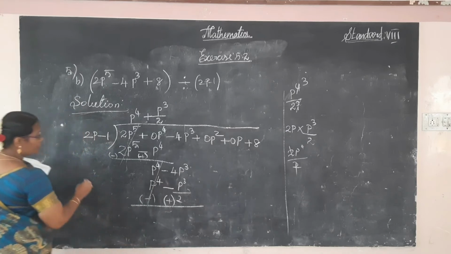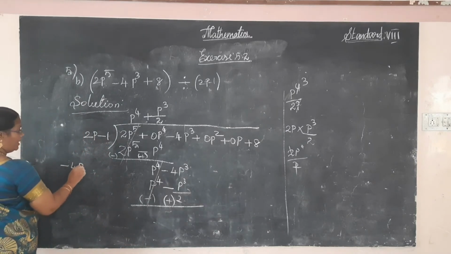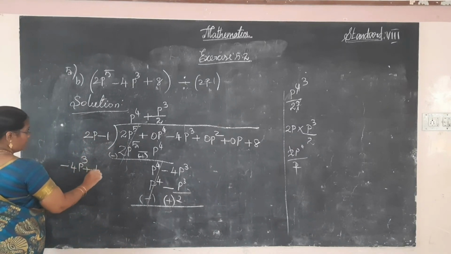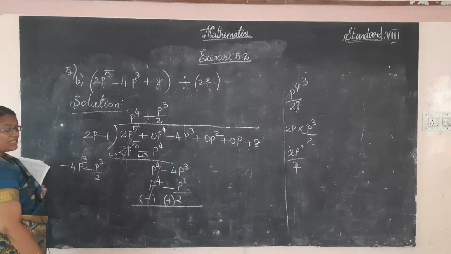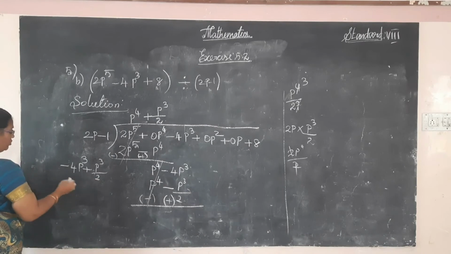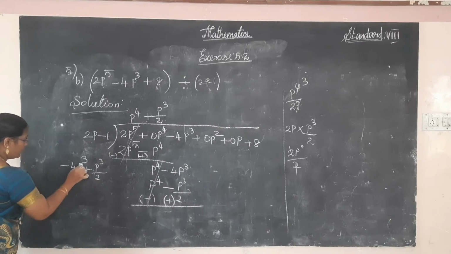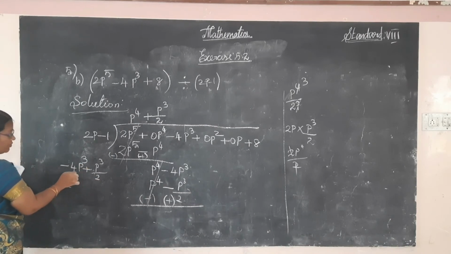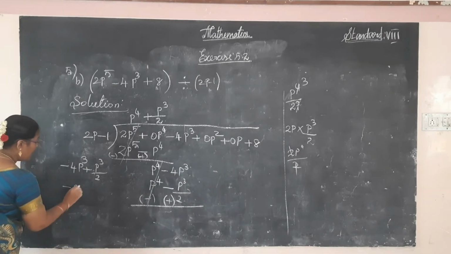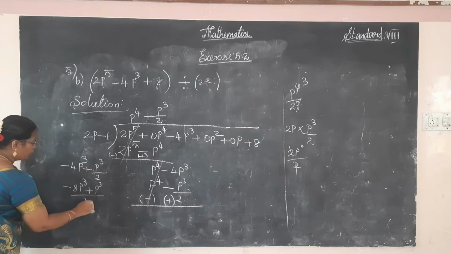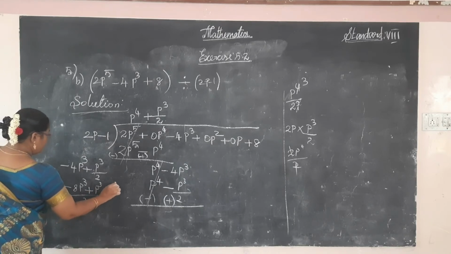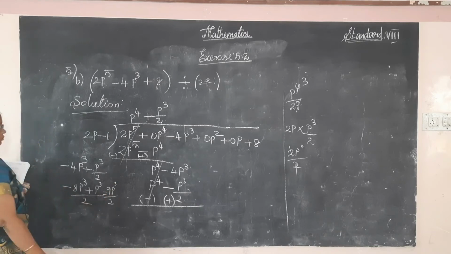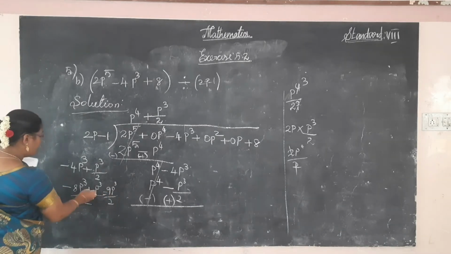Here minus 4p cube plus p cube by 2. In this place we have to take the LCM. Okay, so LCM is 2. So multiply the numerator and denominator in the first term by 2. So minus 8p power 3 plus p power 3 by 2. Sorry, different signs will come.